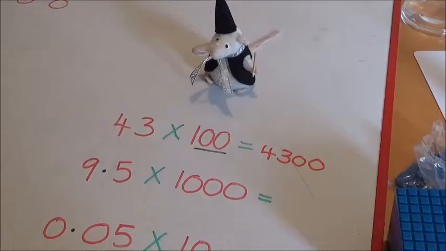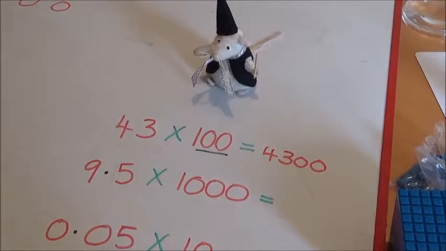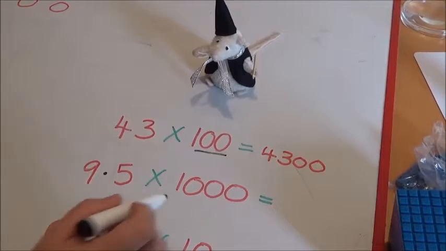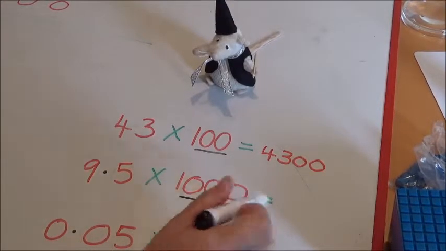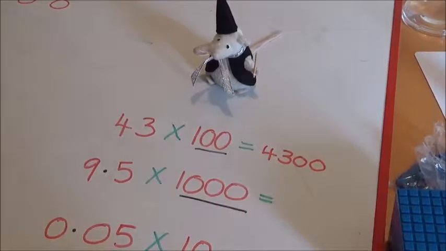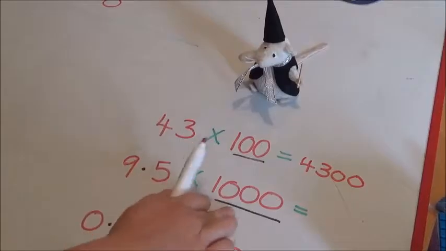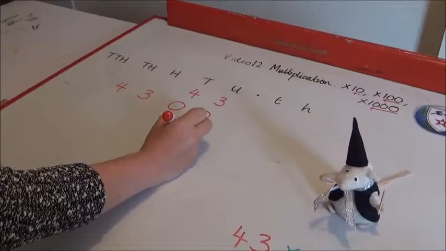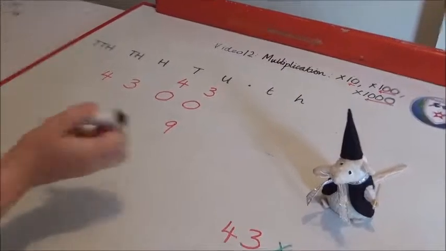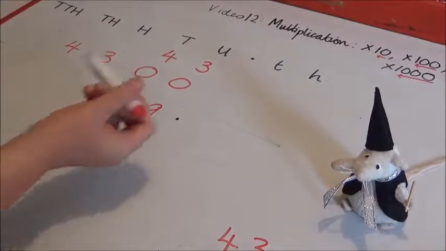The next one, I'll just draw a line underneath this one so that we don't get confused. So this time we're timesing by 1,000. We're moving it up the place value position 3 times. So we've got 9.5 times 1,000. 9 units, decimal point to show that it's smaller than a unit, 5.